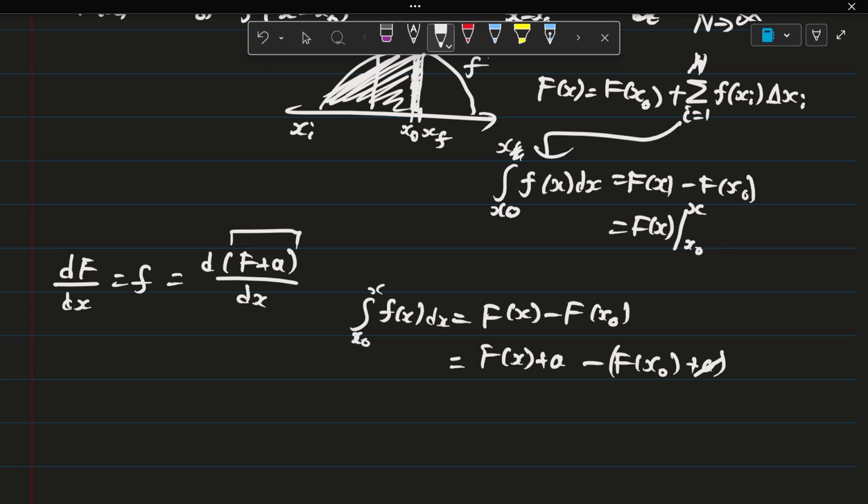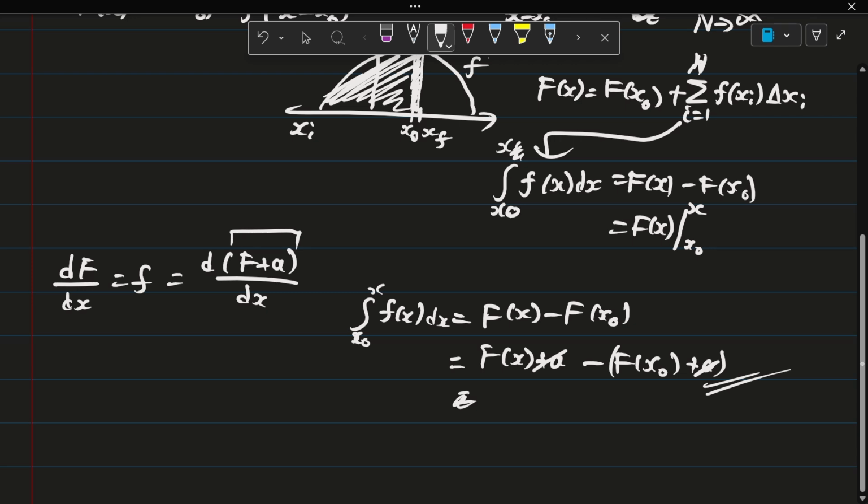And what you get is that you could cross out the a to get the same answer as before. So it doesn't matter what your function is, as long as the derivative of the function is exactly within the integral. That means that your answer is correct. You just need to put in your boundary conditions.